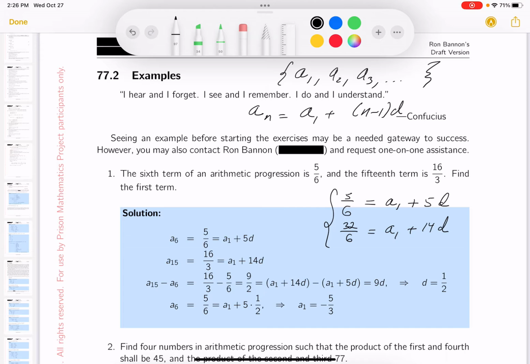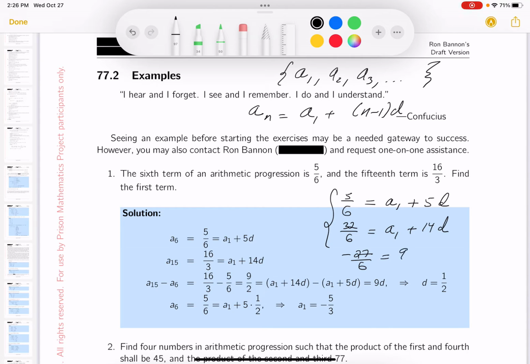So I guess I would do 5/6 minus 32/6, which would be 27/6, the opposite of that. And 5 minus 14 is 9. I think I know what d is now. 9 goes into minus 27 minus 3 times.